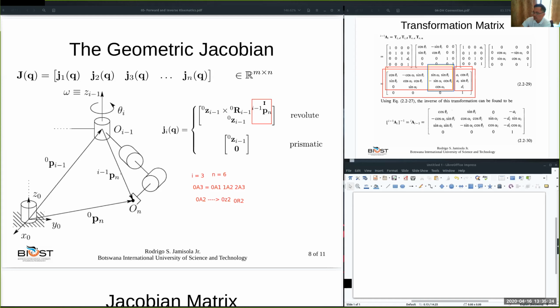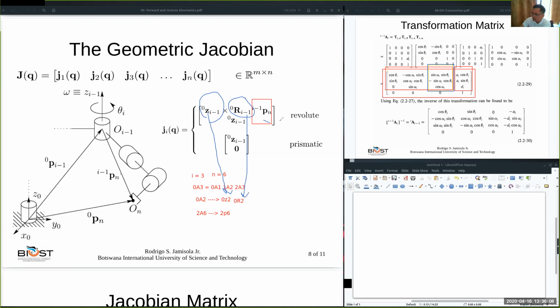What about this one? So you need this 2Pn. That means that you need to compute 2An, 2A6, for example, because you have 6 joints. Once you compute that, then you can have 2P6. Then you can compute this, and in that case, this is already computed from here, and this is already computed from there.